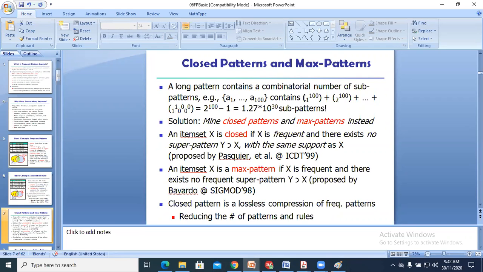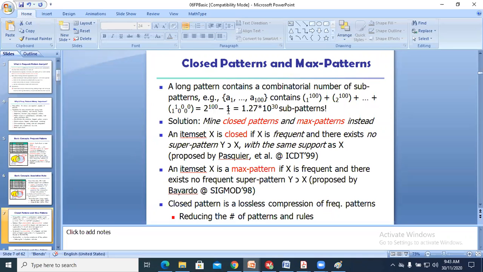For example, if we are trying to find just one product, it is a combination of 100 out of one. If we want to find two products, there are 100 out of two combinations. And similarly, if we want to find 100 out of 100 products, it will be 100 choose 100 combination. So how many possible patterns are there?